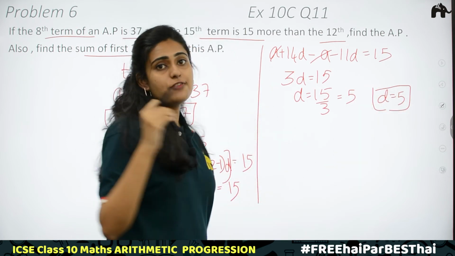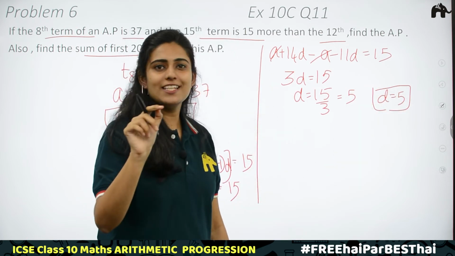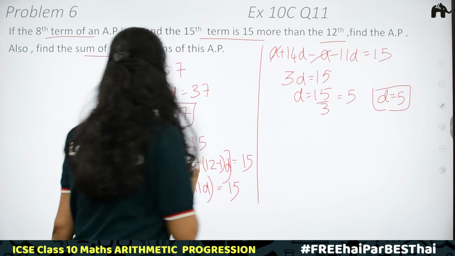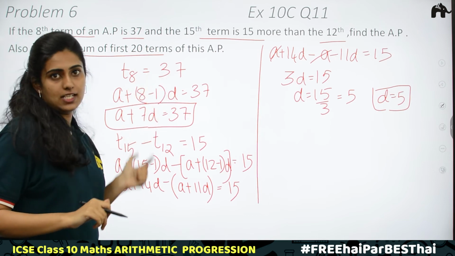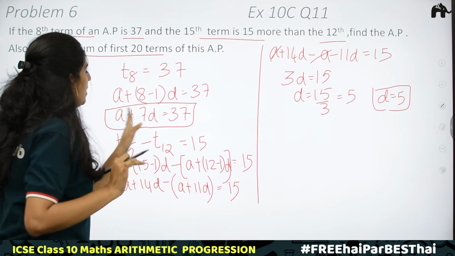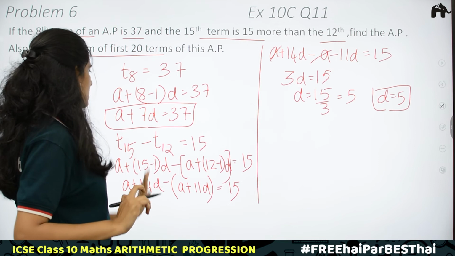We need to find the AP. To get the AP, the first thing is we need the first term. How to find the first term? Here we have an equation. The 8th term is 37. From this we have reached that a plus 7d is equal to 37.